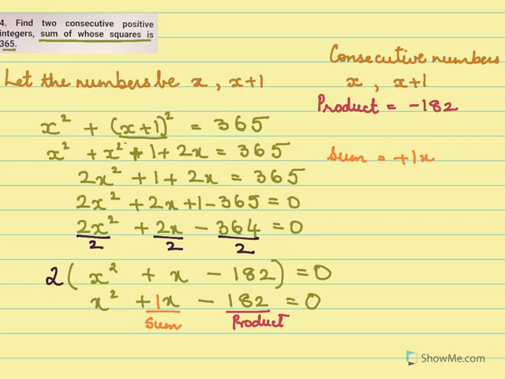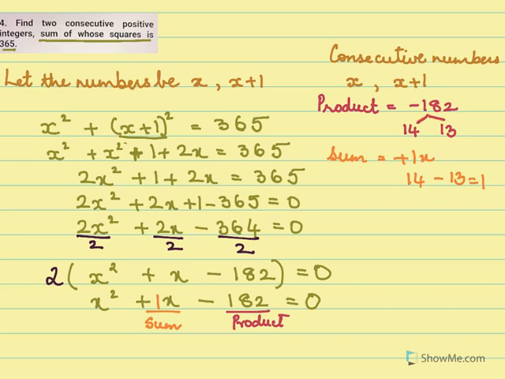And if you recollect, last time we got our factors as 14 and 13. And if we want to get plus 1x, we need to do plus 14 minus 13, which is equal to 1.